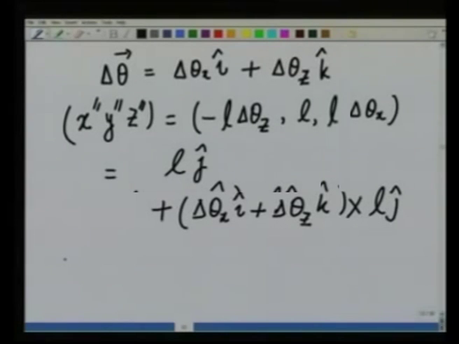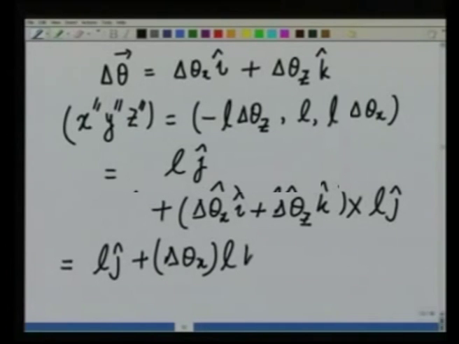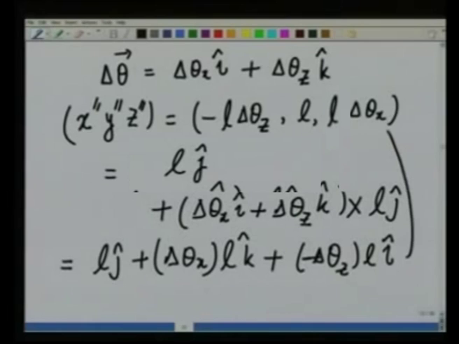This would be, by the definition, L j plus I cross j is k, delta theta x times L k, plus k cross j is minus I. So, minus delta theta z L I, which is precisely the same as this.